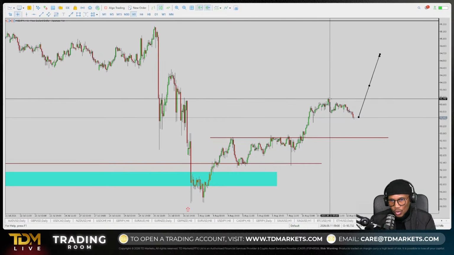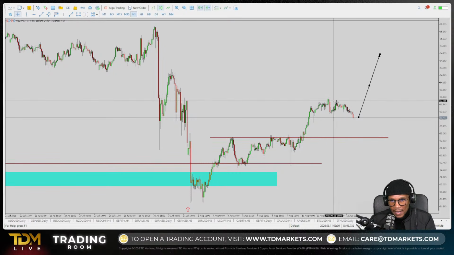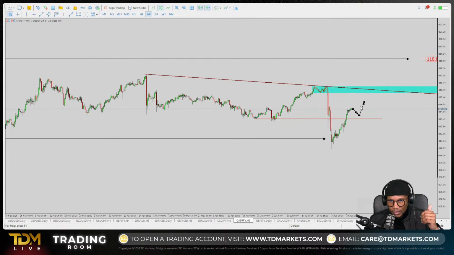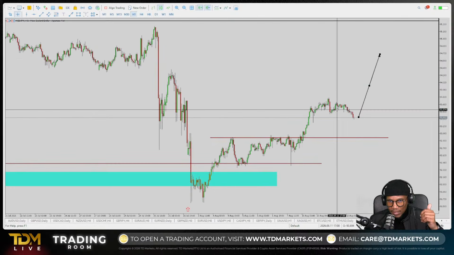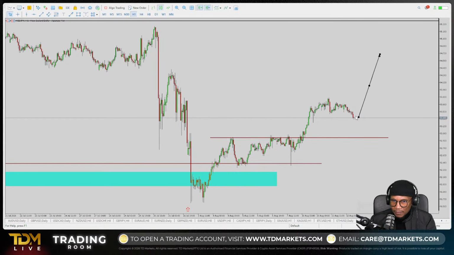All right. So this is what I was talking about with the yen pairs. So CAD JPY, we're looking for something like this on CAD JPY, dollar JPY, Euro JPY, and other JPY pairs, right?